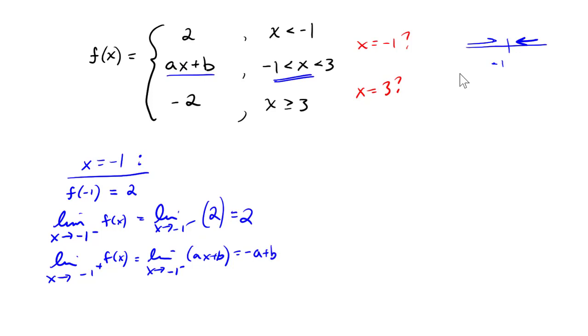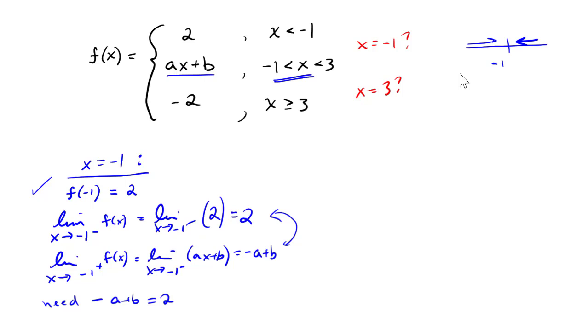Okay. So now, what do I have? Well, I have the function defined. Great. I need the limit to be defined, which means these two values would have to be the same. So if this is going to be continuous, then I would need -a plus b to equal 2.